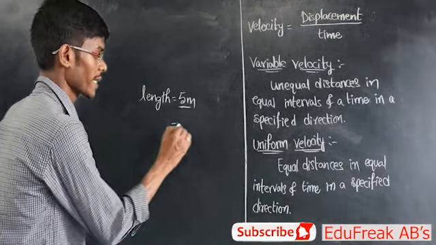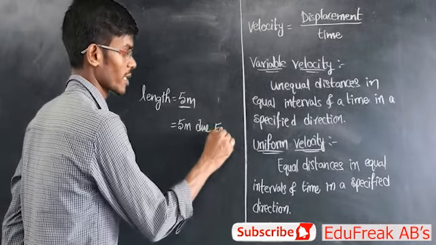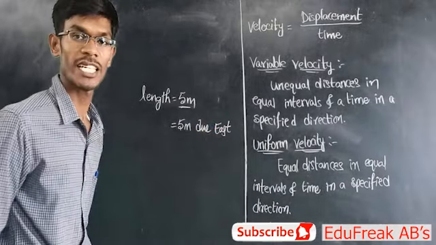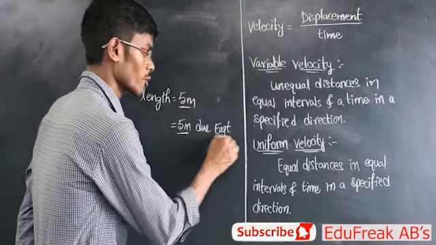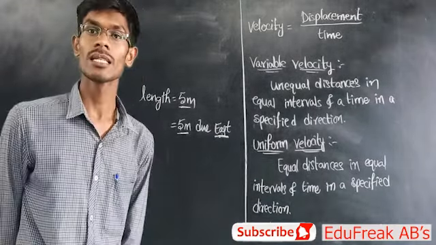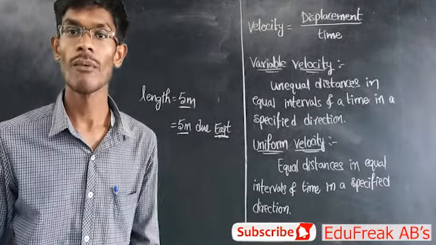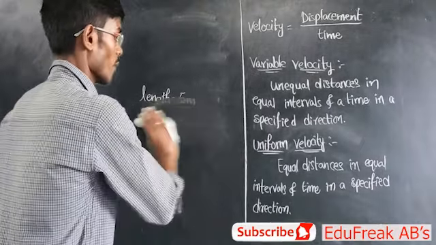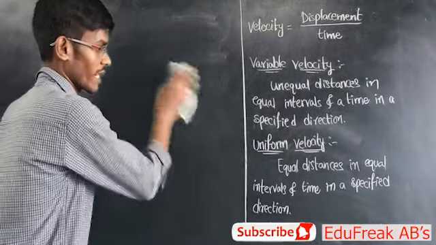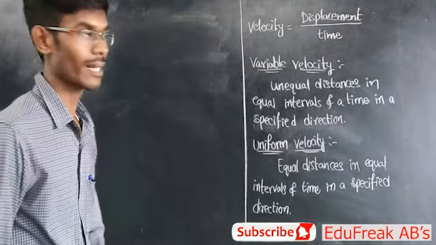And if I write the same length as 5 meters due east, 5 meters represents the magnitude and due east represents the direction. So these types of physical quantities we will call vector physical quantities. The same properties we have for displacement will be applicable for velocity.